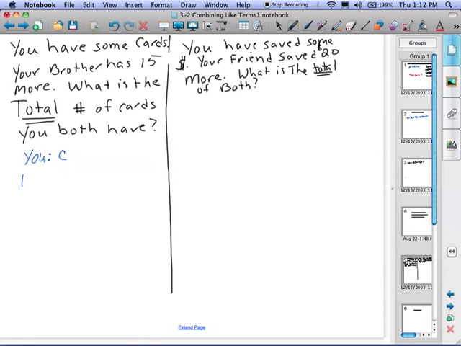Your brother has 15 more than you. We really don't know how much that is, but what we can do is express your brother's number of cards in terms of how many you have. If you had C, your brother has what you have plus 15 more.